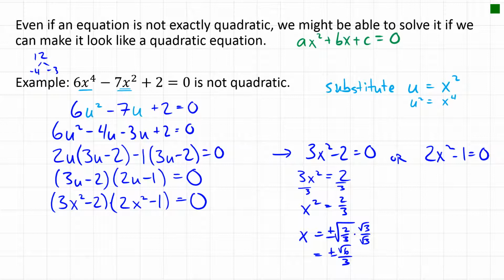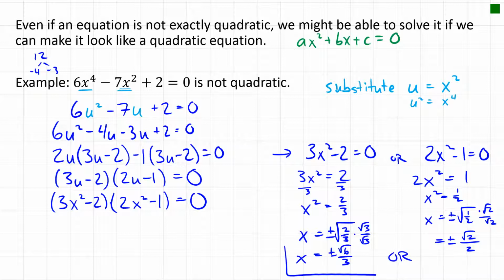And to do the same thing to the other side, I could say 2x squared equals 1. So x squared is equal to 1/2, and then x is equal to plus or minus the square root of 1/2. So multiply by square root of 2 over square root of 2 to rationalize that denominator, and I get plus or minus the square root of 2 over 2. So those are my 4 possible solutions.